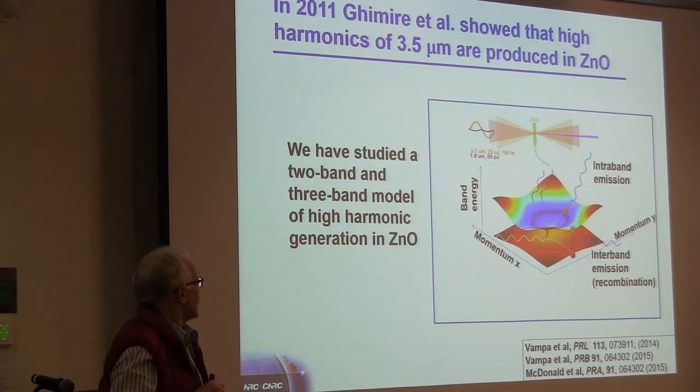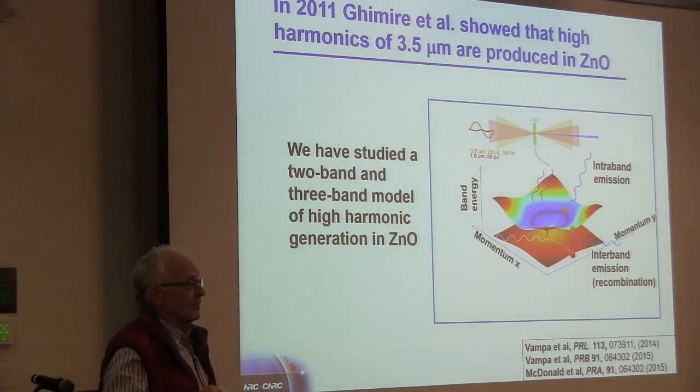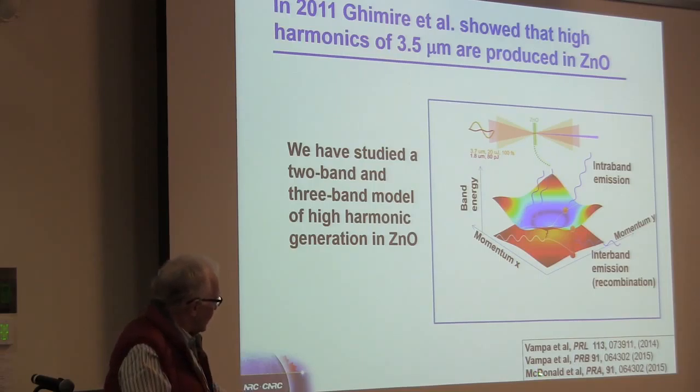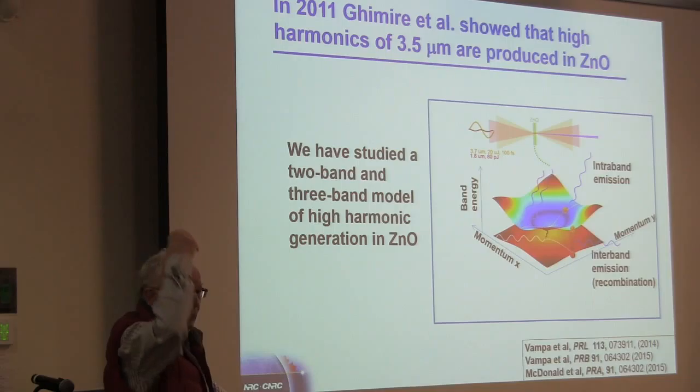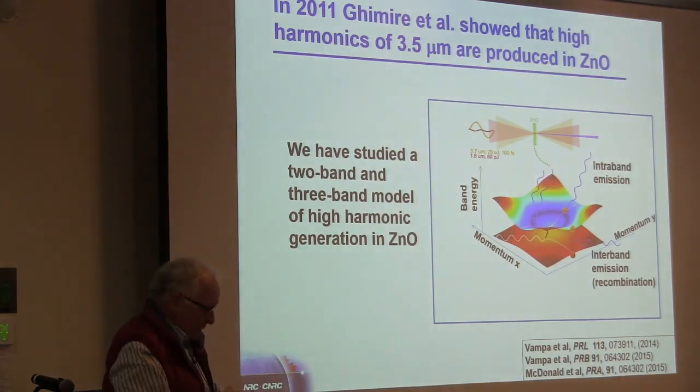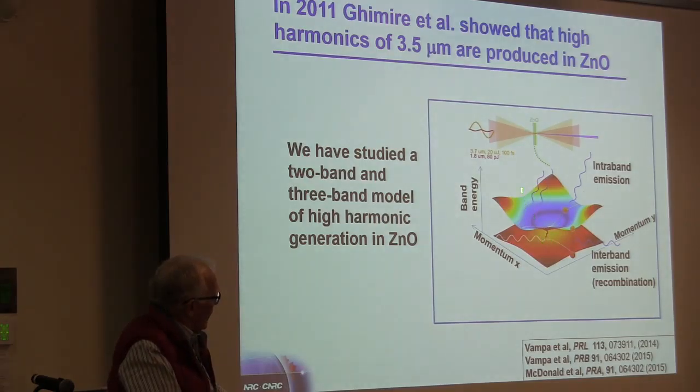As I said, I was very surprised. And so we decided, after a long delay, to take a look at it and try to work on it. A student of mine, Giulio Gamba, began working with Thomas Brabec, somebody who was in the early days in this field quite a bit, and looked at zinc oxide in a two-band model.